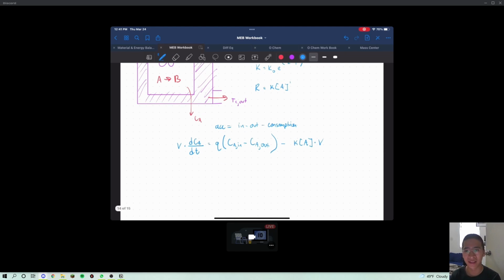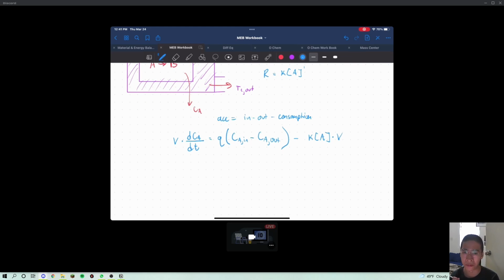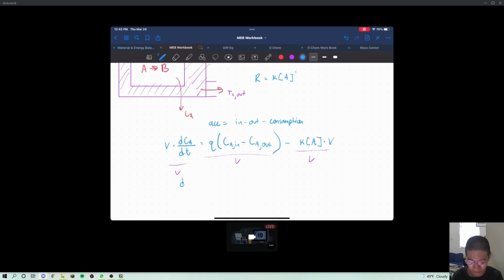But let's get this in a form where we can plug it into scipy.solve_ivp. We have our right-hand side, but our left-hand side is not quite in the desired form yet. We still have that V. How do we get rid of it? It's very simply a matter of dividing by V on both sides. Easy algebra.